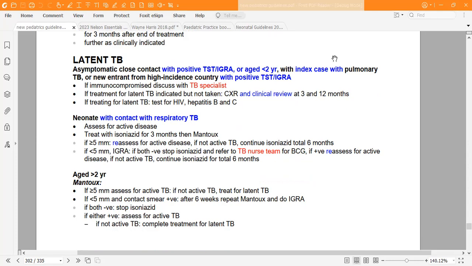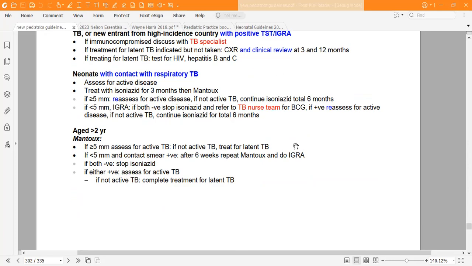Okay, if age is more than 2 years, I will do Mantoux test. If 5 millimeter or more, assess for active TB. If not active TB, treat for latent TB.